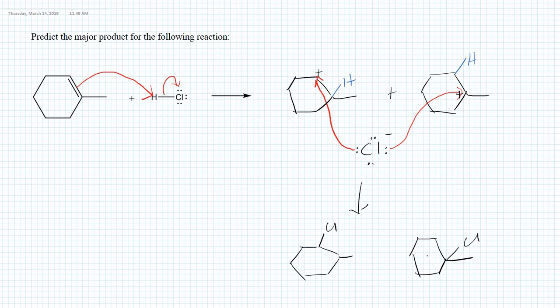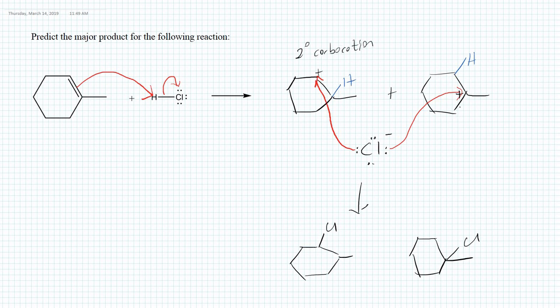Which one is going to be major and which one is going to be minor, we can decide based on the carbocation stability. Let's look at here. We have a carbocation, a positively charged carbon, and it is connected to two carbons, so this is a secondary carbocation.